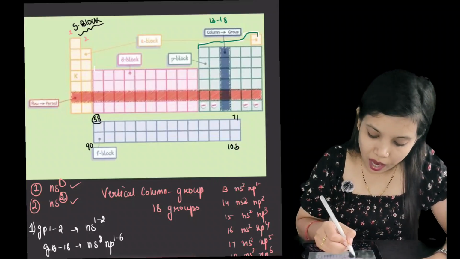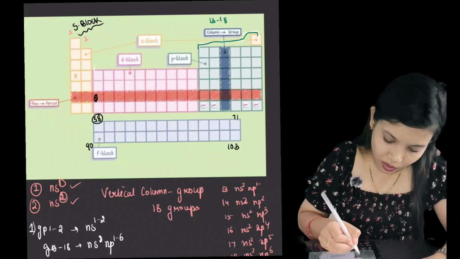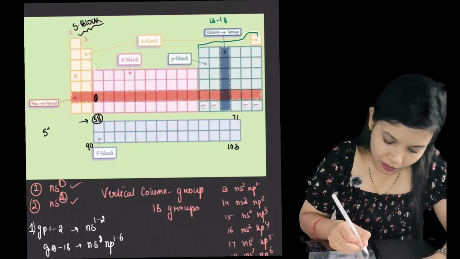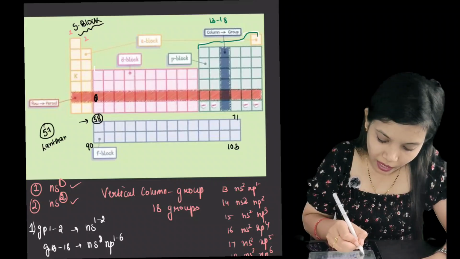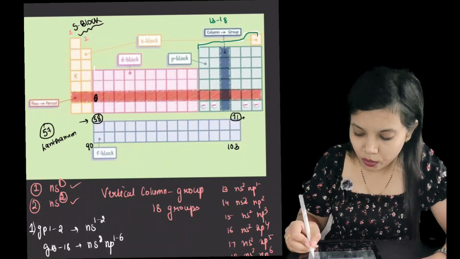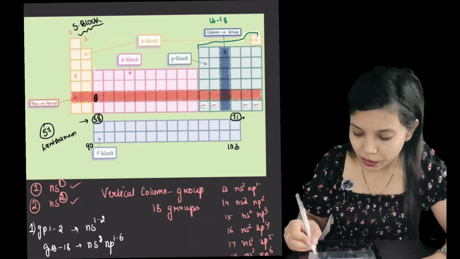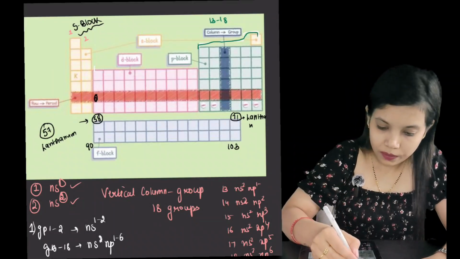This is coming after atomic number 57, which is lanthanum. So this 58 is after 57, which is lanthanum. After lanthanum, we have 14 elements from 58 to 71, which are known as lanthanides.